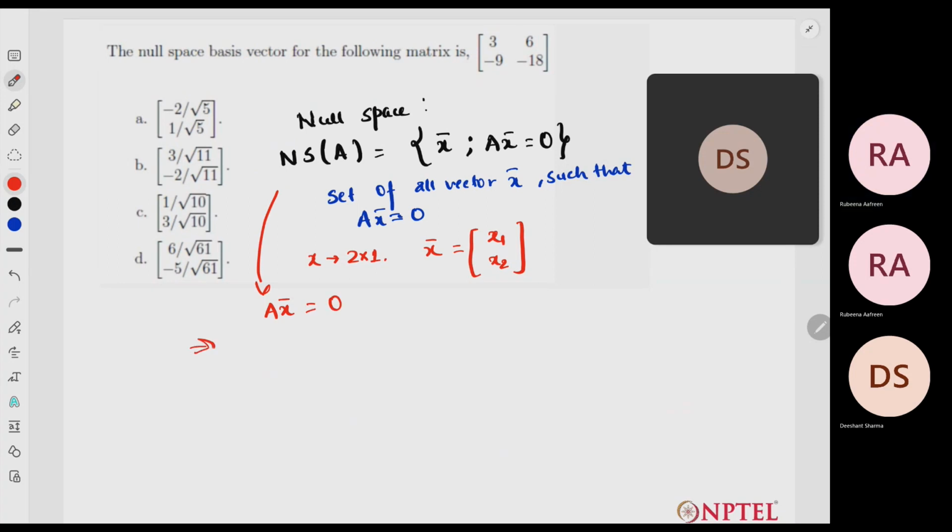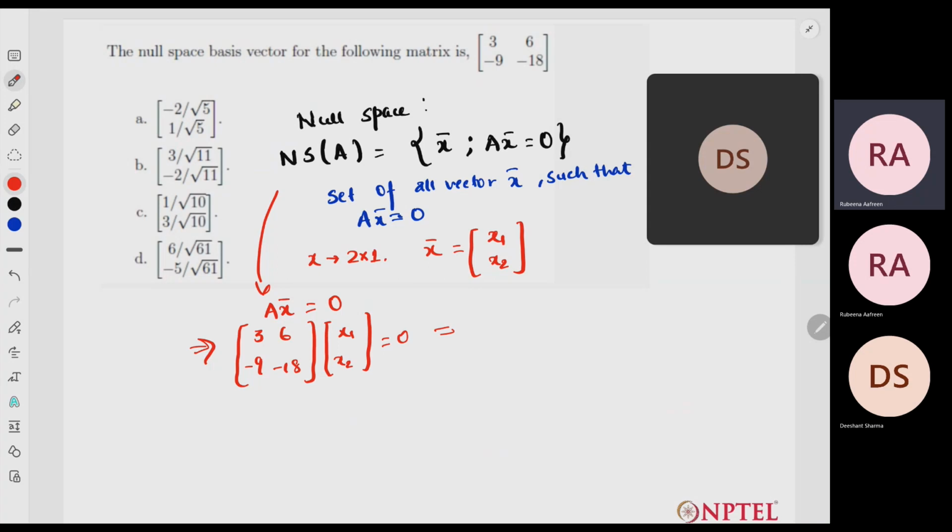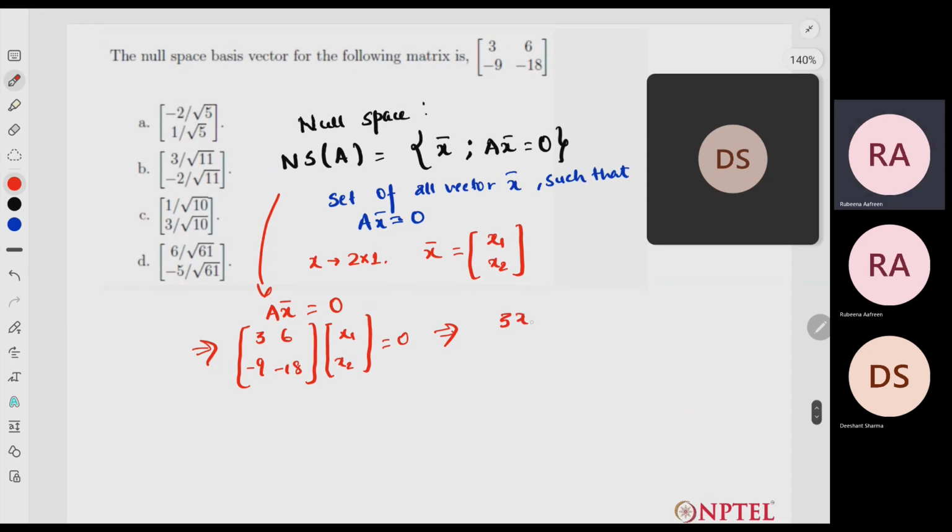So A is 3, 6, minus 9, minus 18. x is x1, x2, equal to 0. This will give two equations: 3x1 plus 6x2 equal to 0, and minus 9x1 minus 18x2 equal to 0.